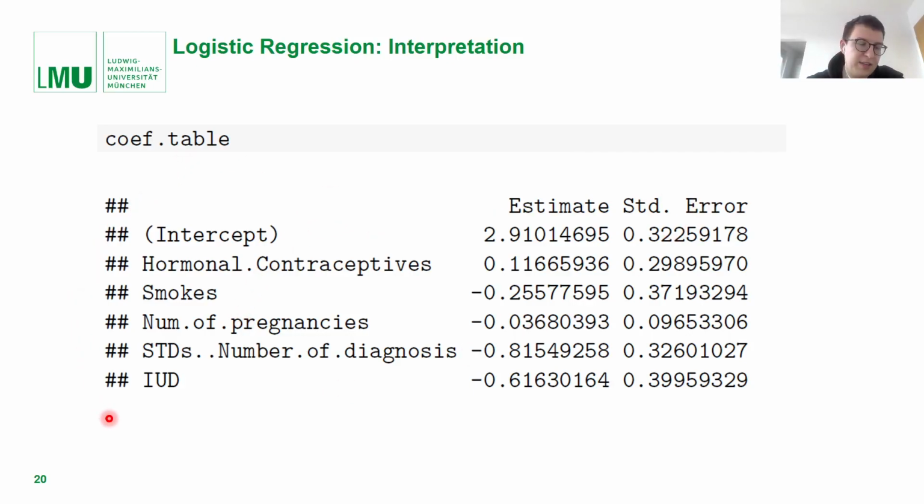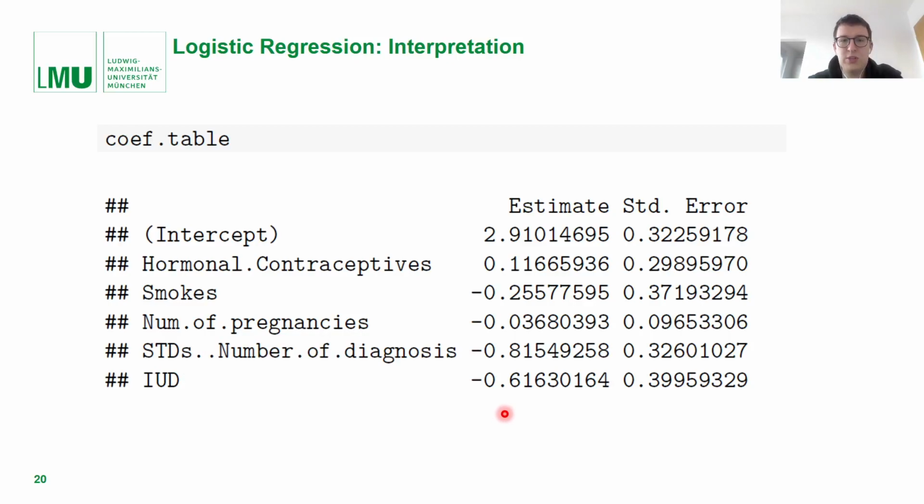And here we had these independent variables. So for example, whether the woman took hormonal contraceptives, whether the woman was smoking, the number of previous pregnancies, the number of diagnoses on STDs, and so on.